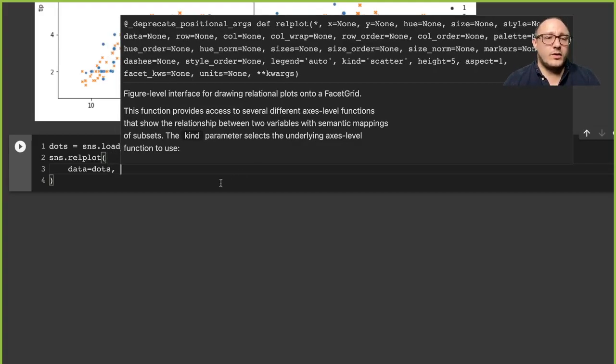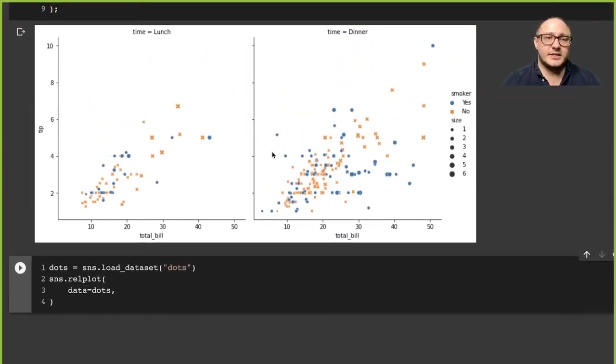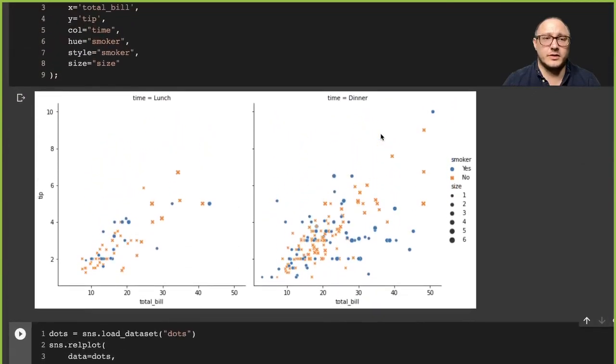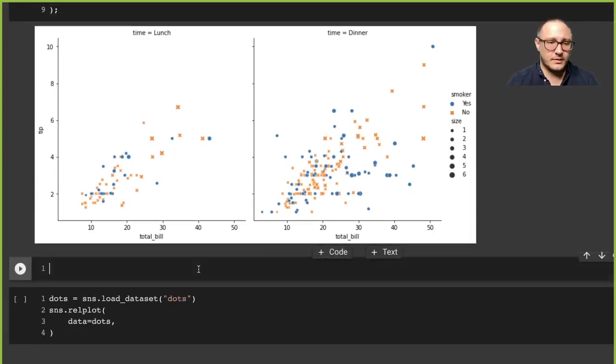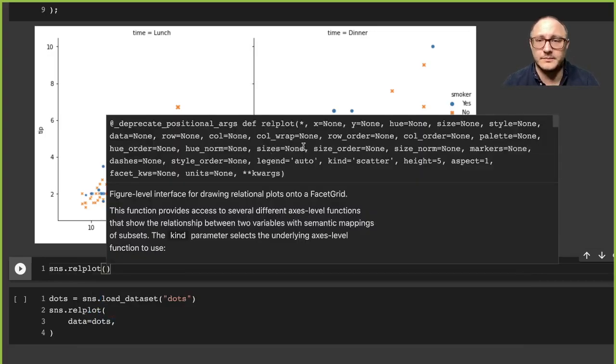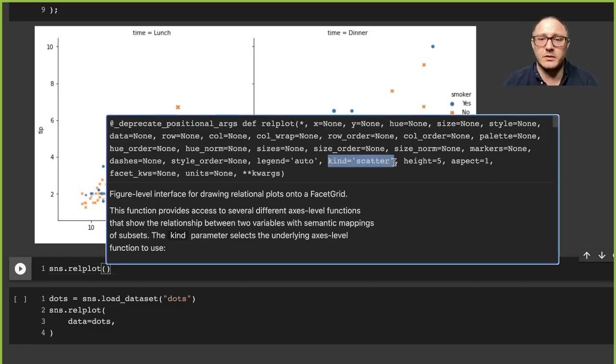Notice that this is actually a scatter plot, or a dot plot. Let me double check, sns.relplot, where's kind? Yeah, the default kind is scatter. That's its default setting, to do a dot plot or a scatter plot.